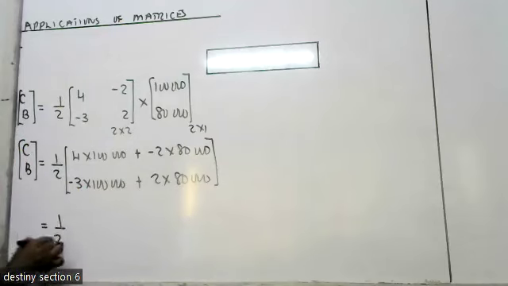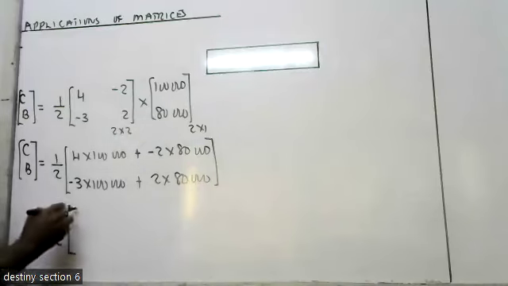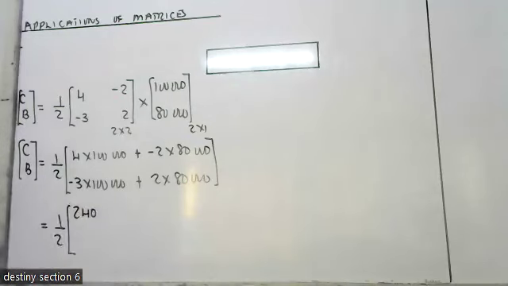When you take your calc, 4 times 100 plus minus 2 times 80 is giving me 240,000. Then minus 3 times 100 plus 2 times 80.